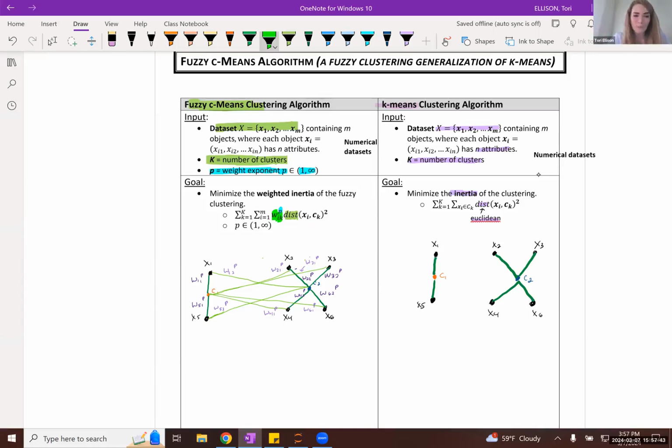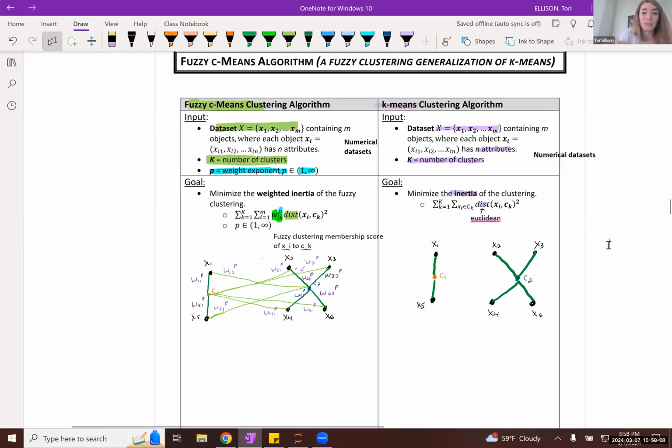And so we'll talk more about this weight in just a second, but this weight, this w_ik, is in fact the fuzzy clustering membership score of observation x_i to cluster c_k.